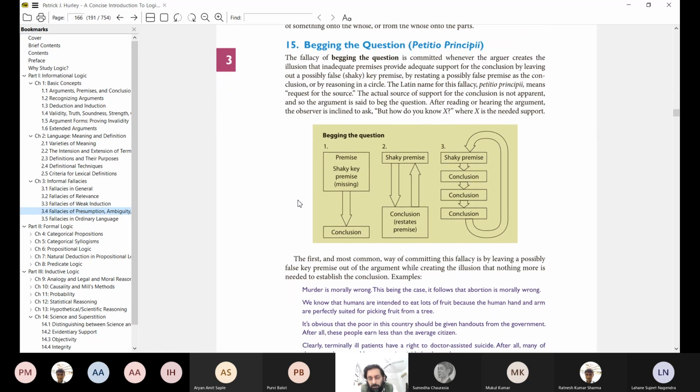Even for Hurley, the term begging the question is a very standard term that ends up being used in many different kinds of ways, and we didn't go into the range of ways, but we'll focus on the first 2 that Hurley describes.